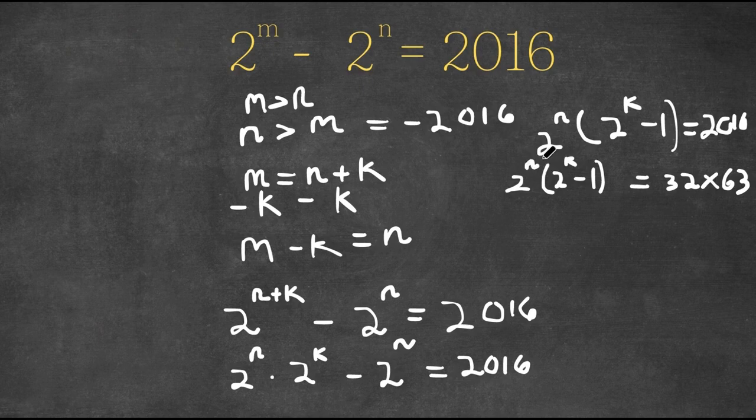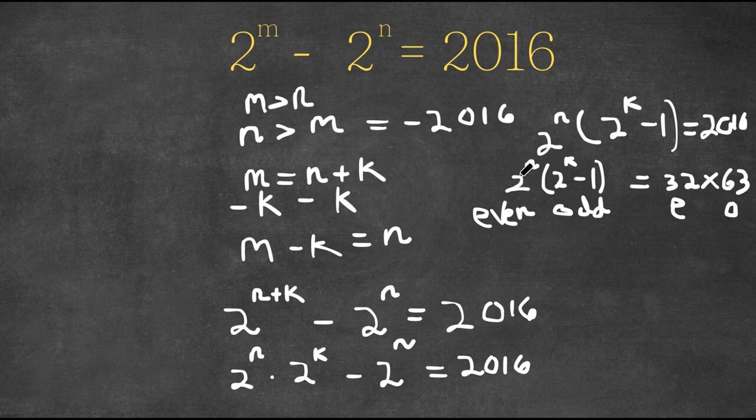And now 2 to the power of n is going to be an even number, because 2 to the power of anything is going to be even. And 2 to the power of k minus 1, that's going to be odd. Now 32 is an even number, so I'm going to write e for even, and 63 is odd.